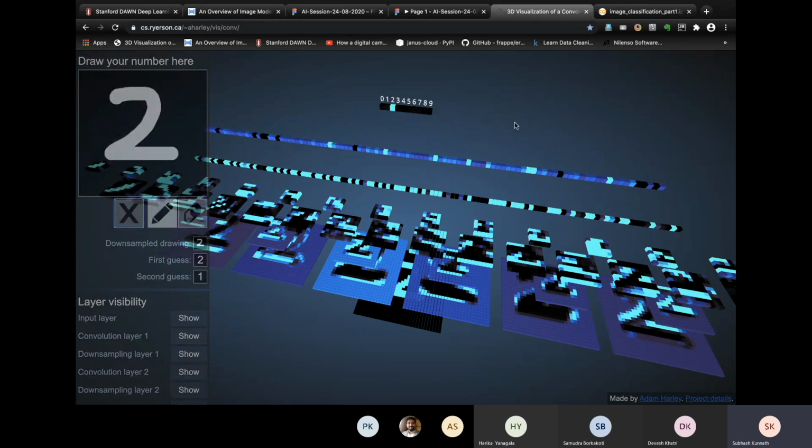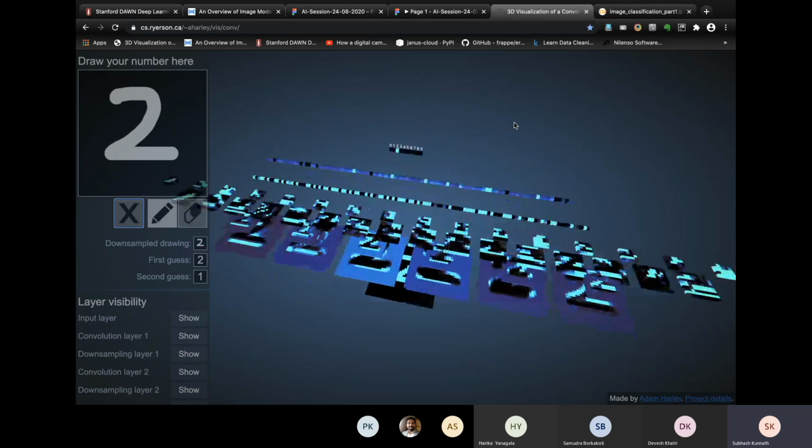So this is how the convolutional neural network operates. The name comes from an operation called convolution, and this is what happens in each of these neurons. It's somewhat like adding up and taking an average.